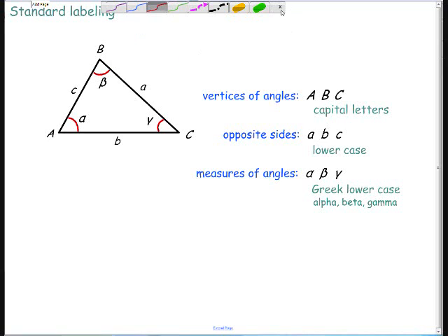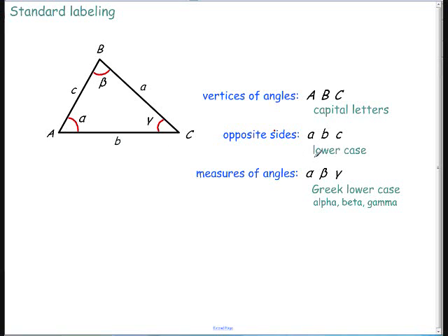Let's review labeling. I think we've done this before. The vertices are capital letters, A, B, C. Our opposite sides, opposite C is side c, opposite A, side a.